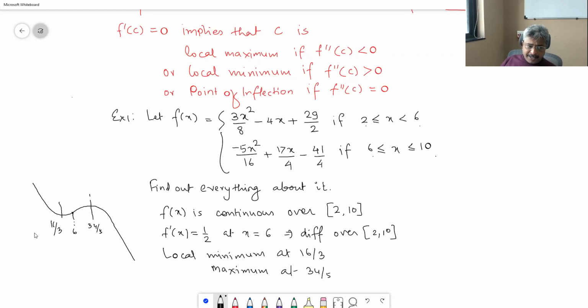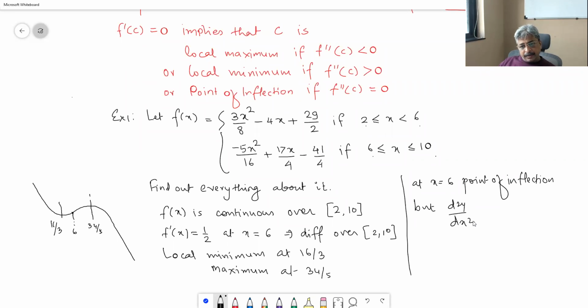And to the left of 6, it is convex up, chord above curve. And to the right of 6, it is curve above the chord. So at 6, it is a point of inflection. Right? But d2y by dx square at x equal to 6 does not exist.